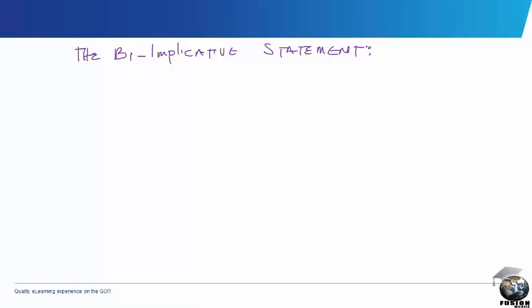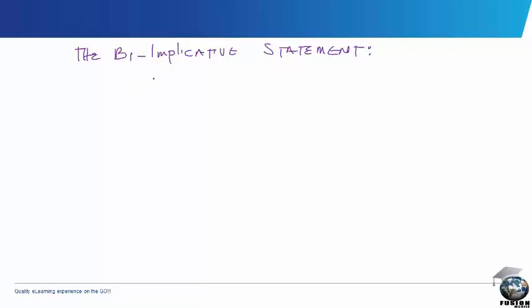So it's also an implicative statement, but a two-way implicative statement, because if it holds for x, then it holds for y, and if it doesn't hold for x, it can't hold for y, and if it doesn't hold for y, it can't hold for x. So we consider the bi-implicative statement.